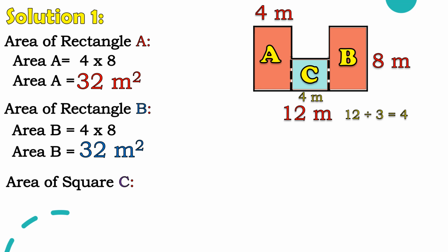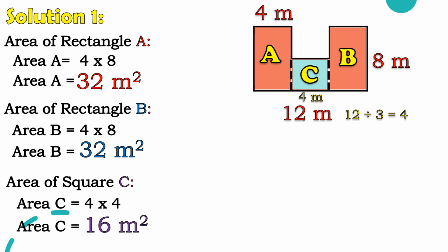Since ang square all sides are equal, kung ang isang side ay measured 4 meters, lahat ng side niyan ay 4 meters. So, solve na natin. Area of square C is equal to 4 times 4 is equal to 16 meters squared.